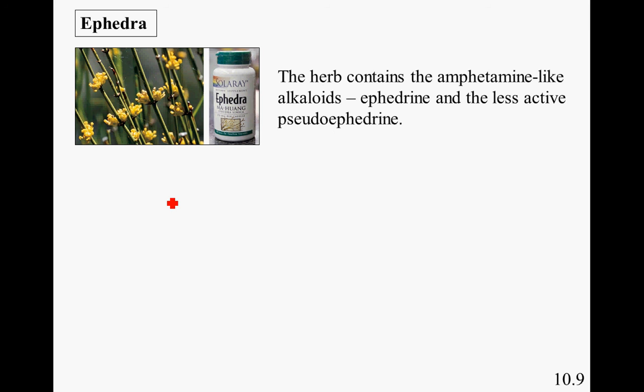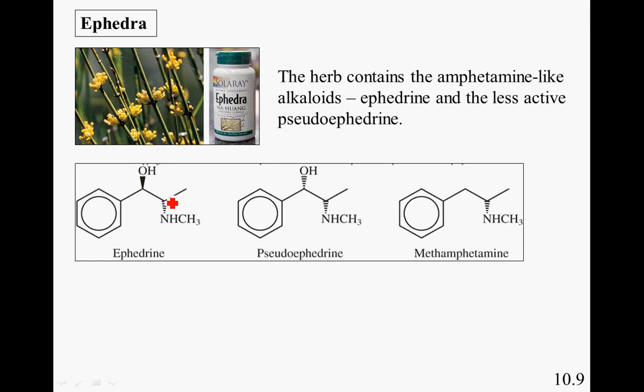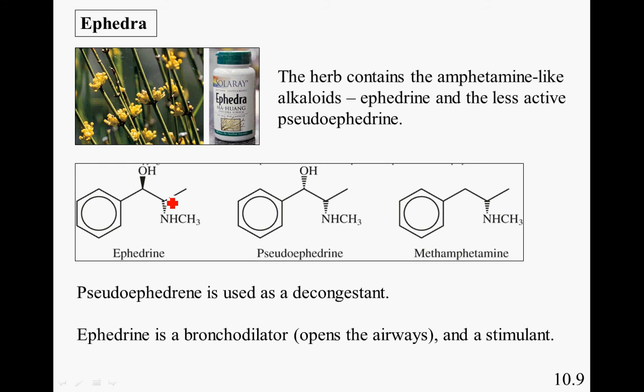The herb ephedra contains amphetamine-like alkaloids: ephedrine and the less active pseudoephedrine. Pseudoephedrine is a decongestant. Ephedrine is a bronchodilator, which opens the airways, and a stimulant.